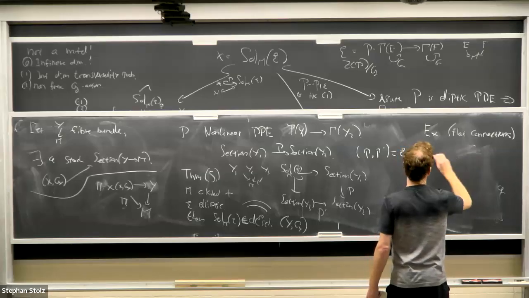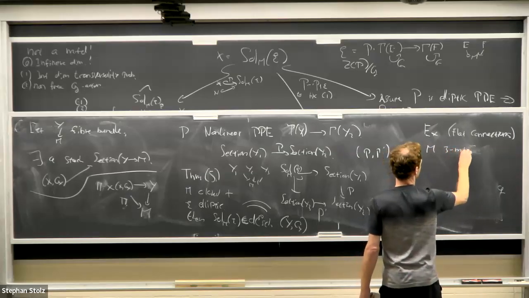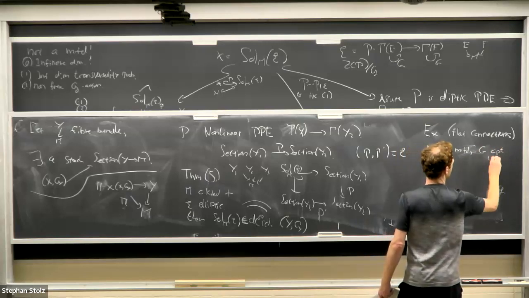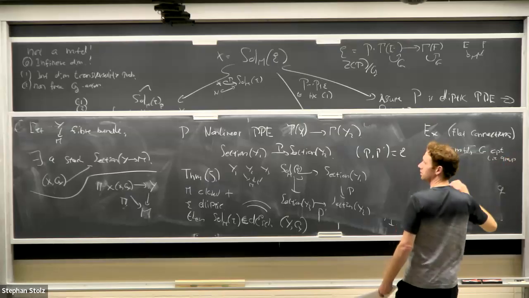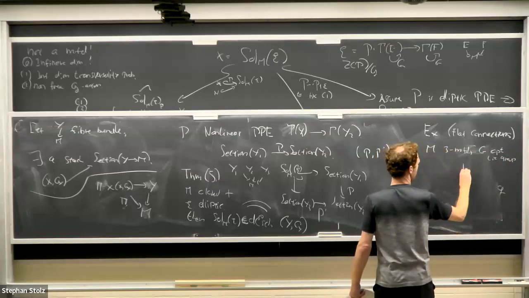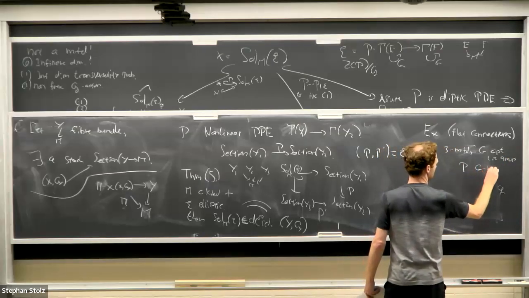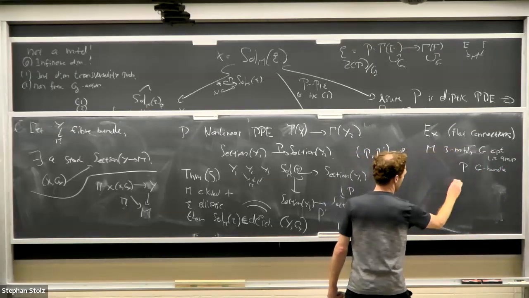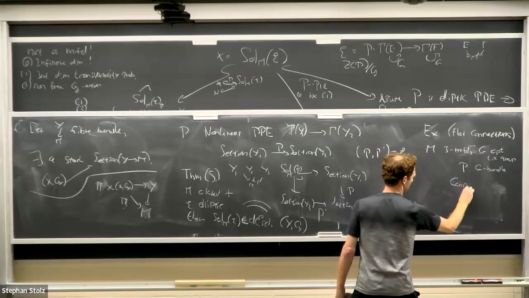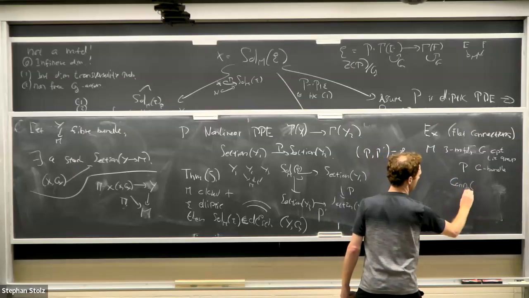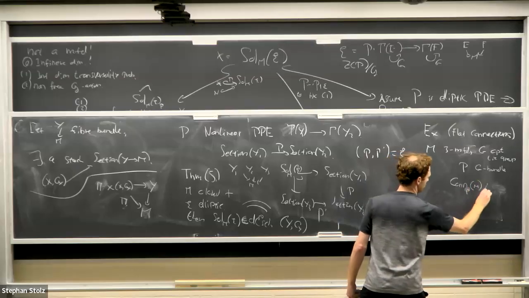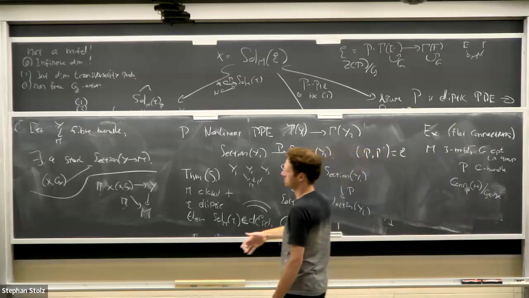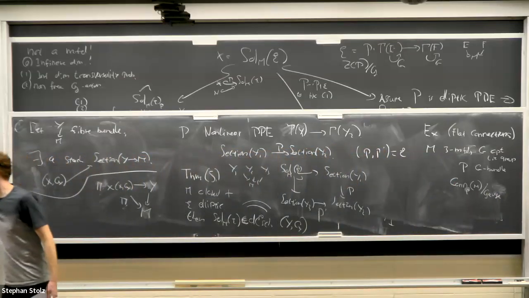Let's say M is a three manifold, G is a compact group, and P is a G bundle. Then you can look at the stack of connections on P modulo gauge.